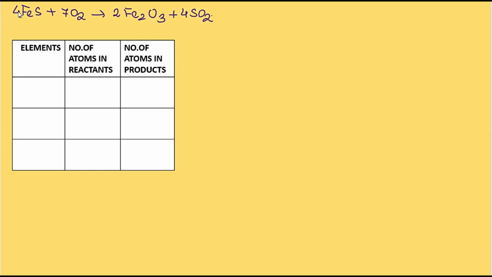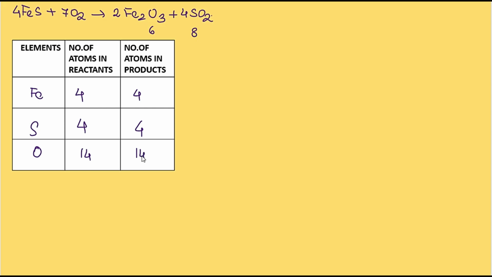Now again we will write down the updated number of atoms. So Fe, S and oxygen. Here iron is 4 in the reactant, for sulfur it is 4, and for oxygen it is 14. Now for atoms in products, iron is 4, for sulfur it is again 4, and for oxygen, 2 into 3, that is 6, and 4 into 2, that is 8, so that is 14.